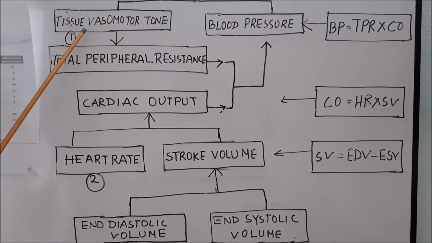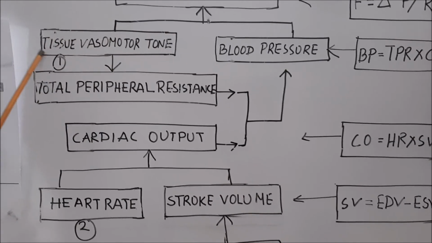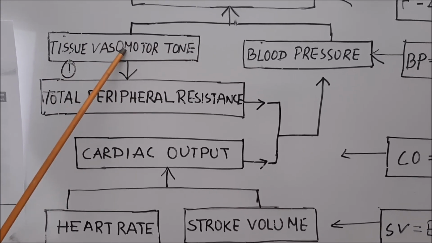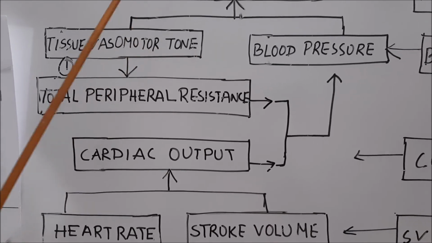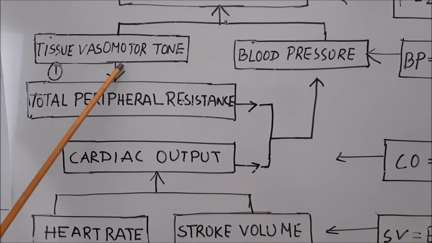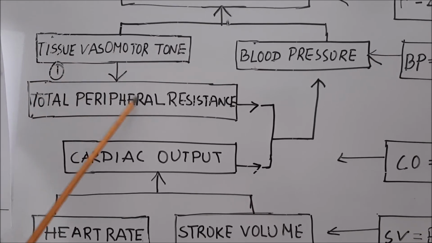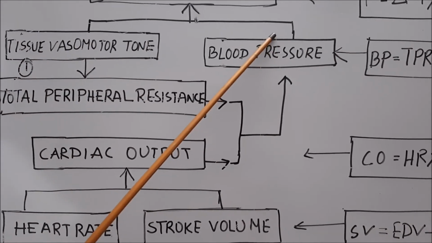That is the tissue vasomotor tone, and it is controlled by the sympathetic nervous system. With strong sympathetic stimulation, as I mentioned before, it increases fourfold. With sympathetic inhibition, it goes to 0.2. When sympathetic tone is increased, the total peripheral resistance is increased and blood pressure will increase.